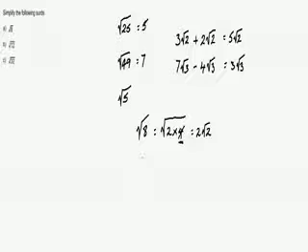Okay, so if we had root 18, now that would be the same as the root of something times something. Now what you're looking for is one of those somethings being a square number. Now 18, that would be 3 times 6, but I don't know the root of 3 and I don't know the root of 6, so they're no good to me.